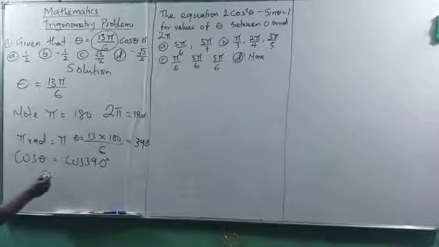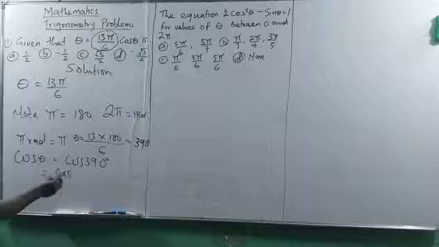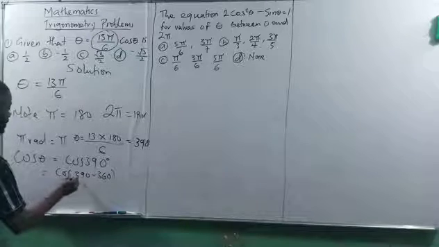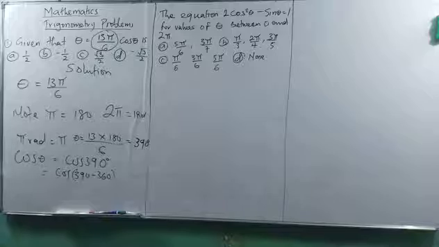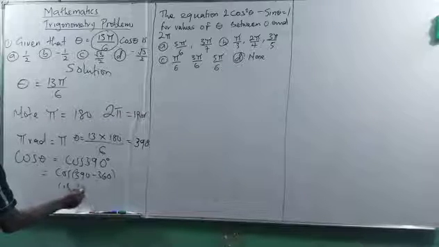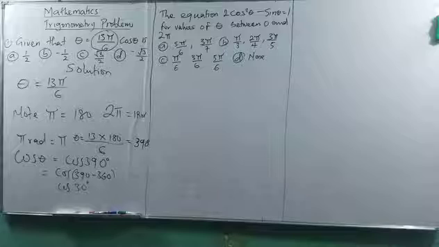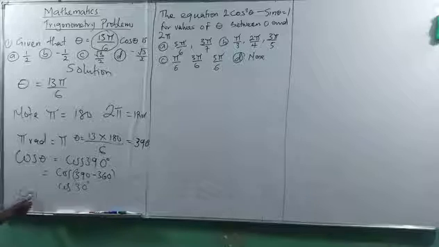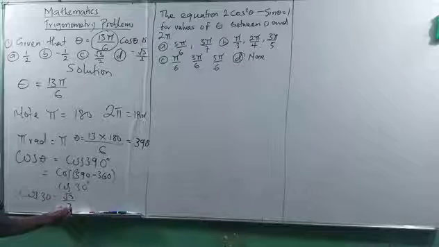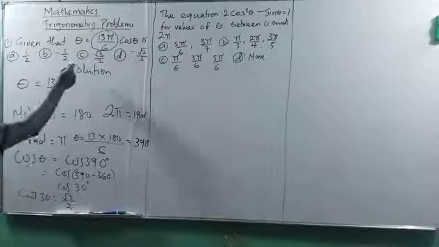For me to work on cos, it will be cos of 390 minus 360, which I explained in the last video. So I'll be talking about cos 30 degrees. We all know cos 30 equals root 3 all over 2, and that should be the answer C.